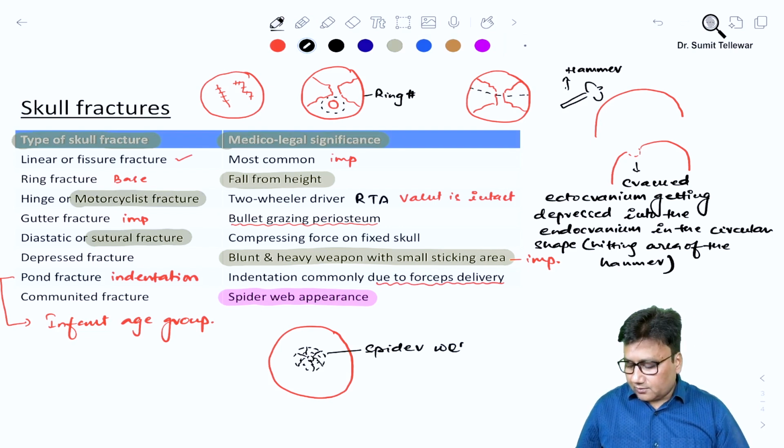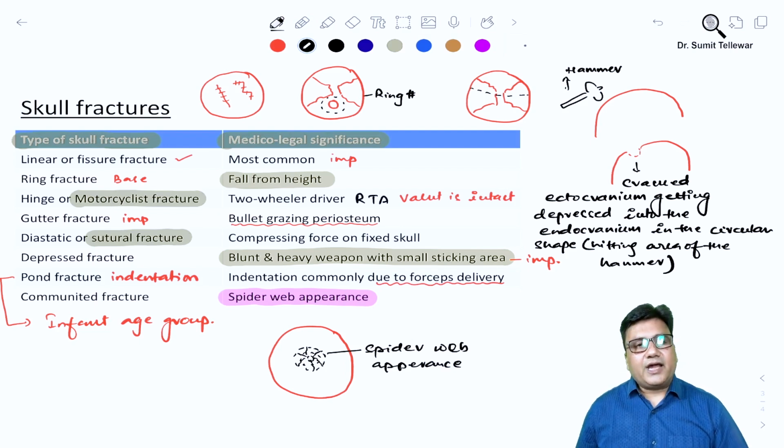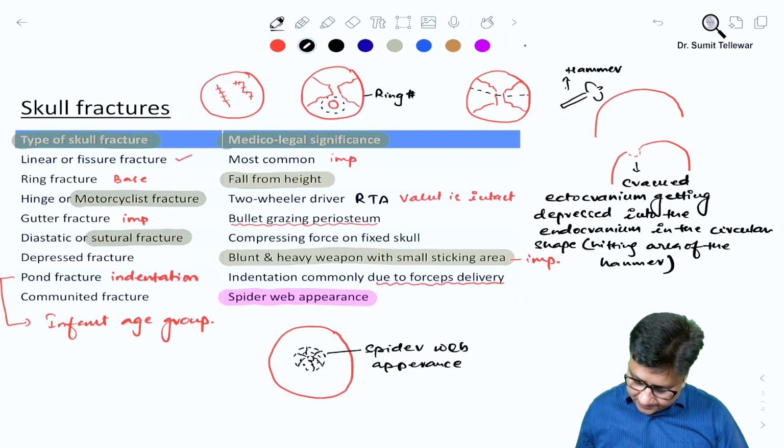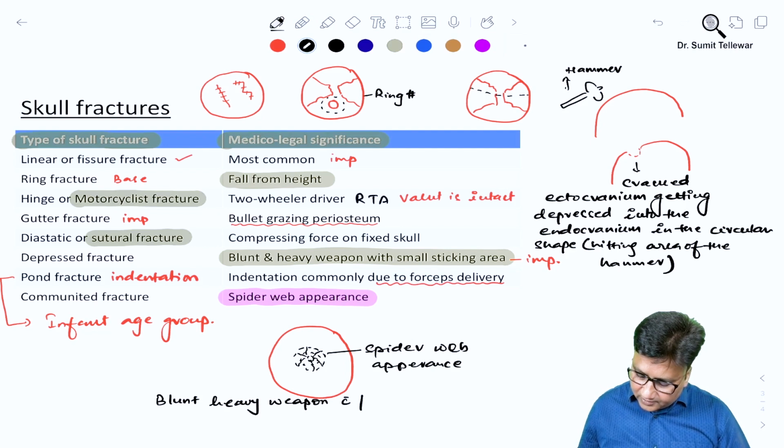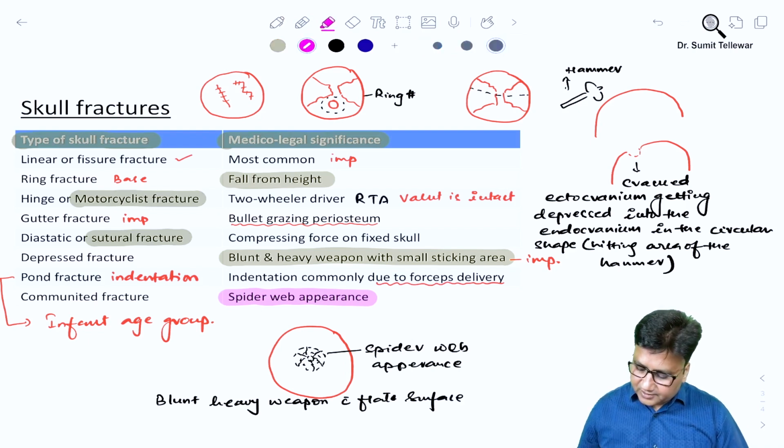And this kind of fracture can be generated by a blunt heavy weapon with a flat hitting surface.